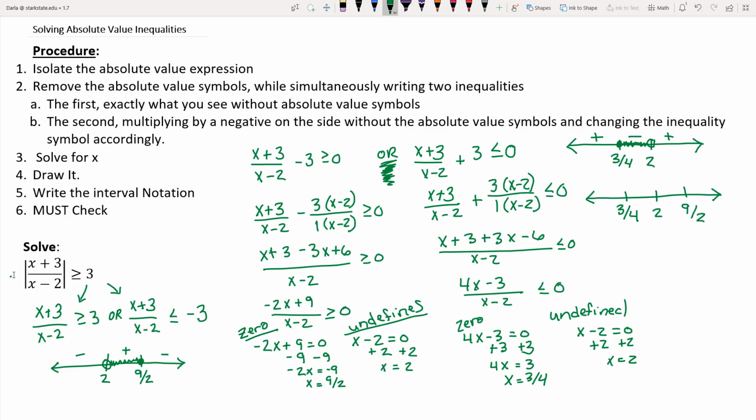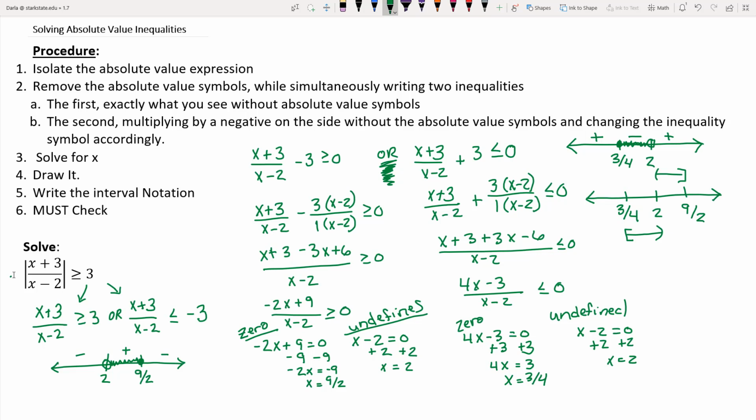Draw the solution pieces. So for this first piece we had a solution from not including 2, so a parenthesis at 2, to 9/2 inclusive. So put a bracket at 9/2. And for the second piece we had it from 3/4 inclusive to 2 non-inclusive.